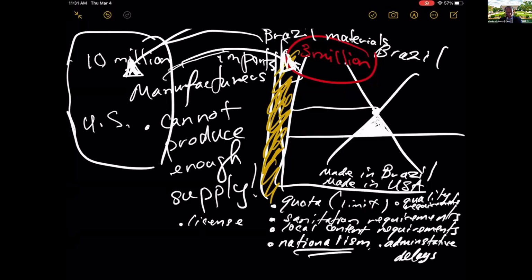Some of the other duties they mention in here, ad valorem duties, which is a percentage of value. So this is 3 million units, but we don't know, let's say it's $1 a unit.